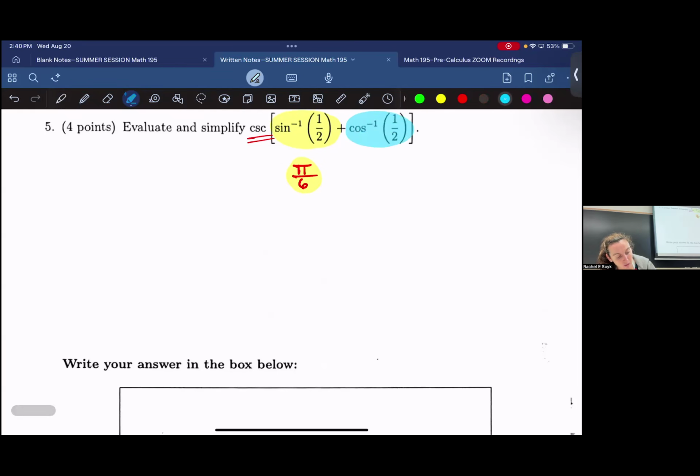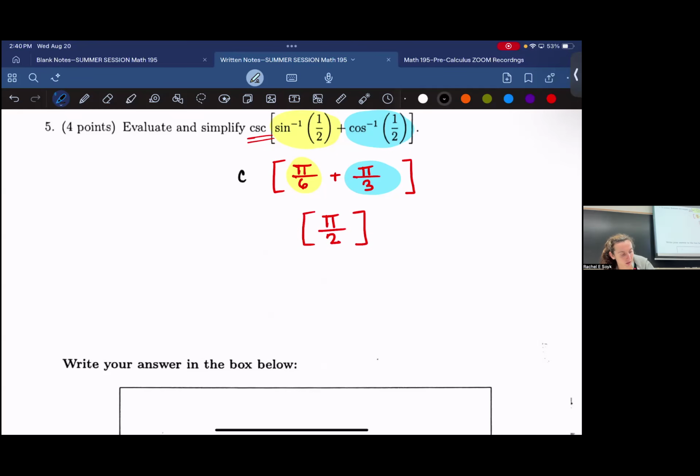Cosine of what angle gives us 1/2? And that's just 60 degrees, also known as pi over 3. We did a very similar question like this earlier, where we realized pi over 6 plus pi over 3 just gives us pi over 2.